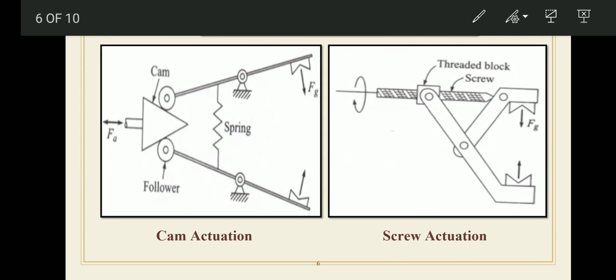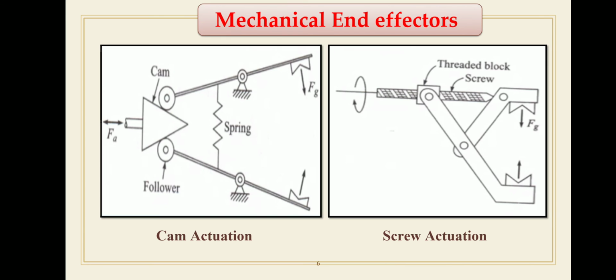In the cam actuation method, the cam actuated gripper includes a variety of possible designs. A cam and follower arrangement is shown in the figure, often using spring loaded followers that can provide the opening and closing action of the gripper.